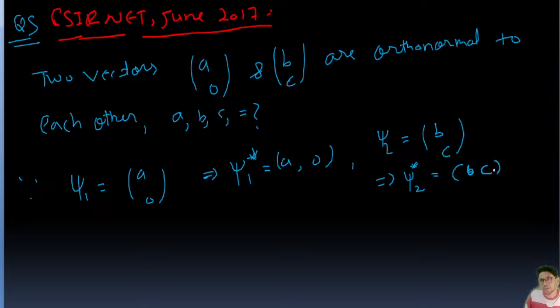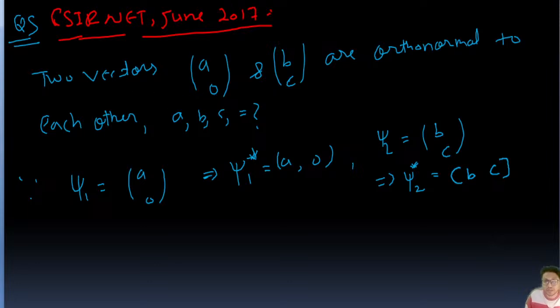This is a column matrix and this will become a row matrix. Because we have psi 1 and psi 2, we have found psi 1 star and psi 2 star.